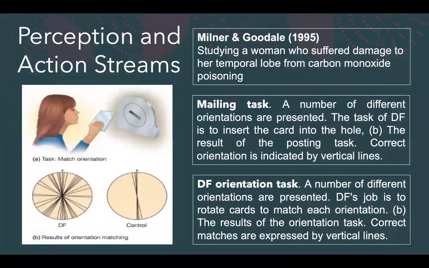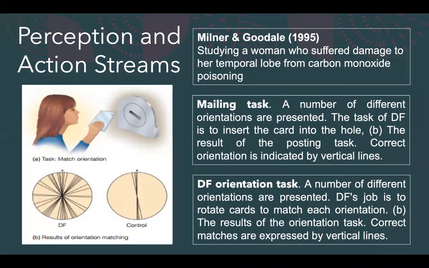Moving forward to Milner and Goodale's experiments in 1995, they used neuropsychological approaches to reveal two streams, one involving the temporal lobe and the other involving the parietal lobe. The researchers studied a patient called DF, a 34-year-old woman who suffered damage to her temporal lobe from carbon monoxide poisoning caused by a gas leak in her home.